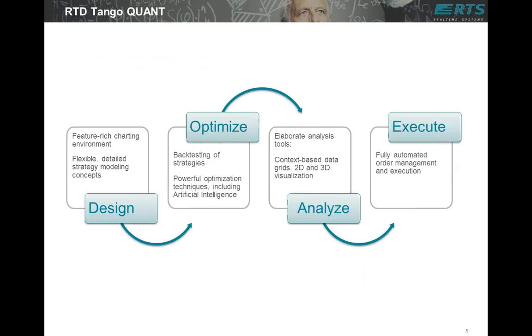Let us move into a bit more detail regarding the 4 stages that we talked of earlier: design, optimize, analyze, execute. So how do these stages work together? How do they constitute a life cycle? You always start with a thought, an idea, and use that as a basis to design a strategy.